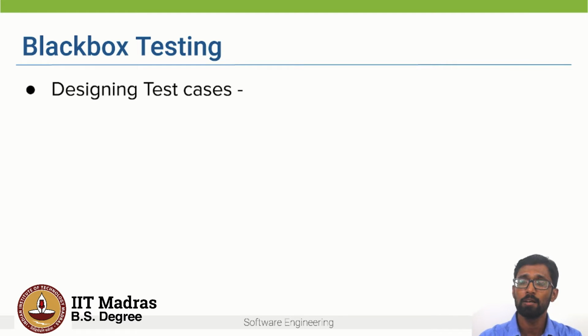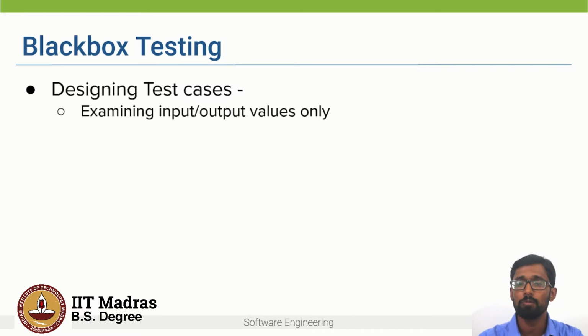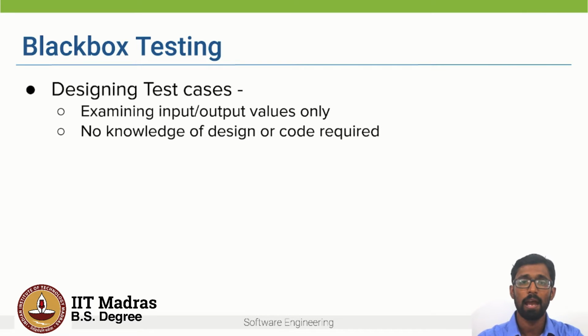Now we don't have access to the structure of the code. So then how do we do it? We do black box testing by examining the input and the output value pairs. And we have no knowledge of the design or code that is required.